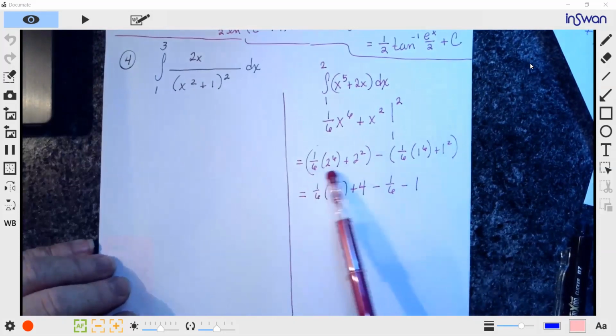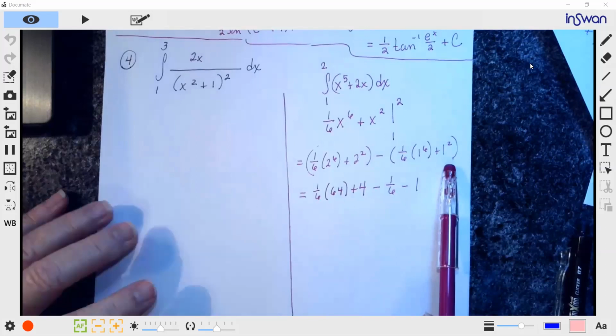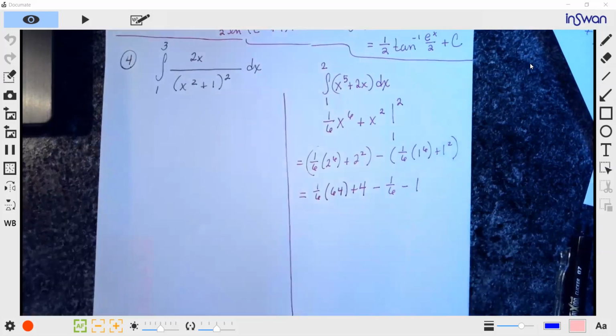Once you get past this step, go ahead and plug it in and see what you end up with. That's fine. But be careful in MyMathLab, because sometimes they'll ask you for exact answers, and I will almost always ask for exact answers so that I don't really want to see a decimal approximation most of the time.